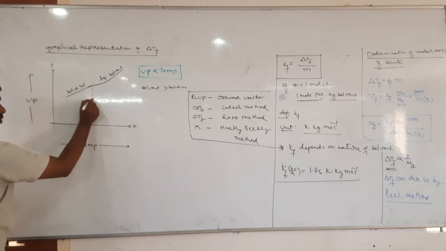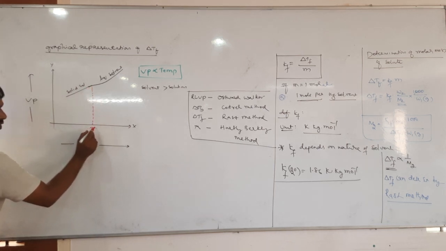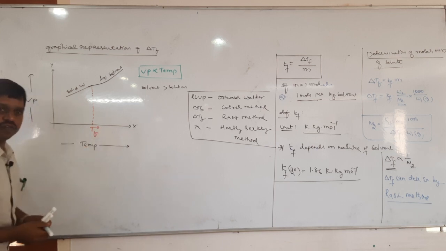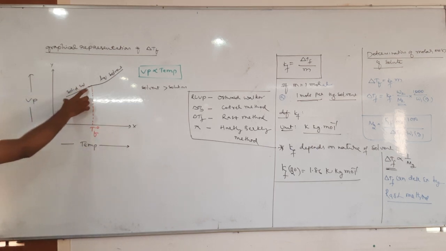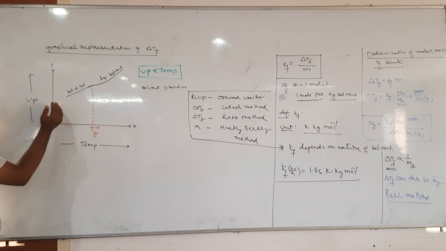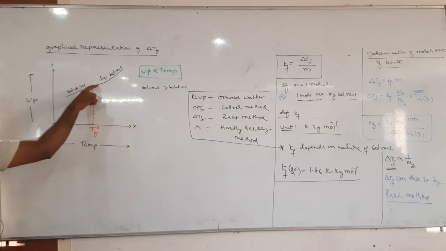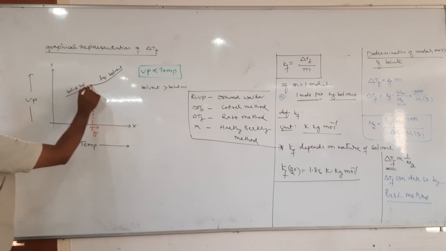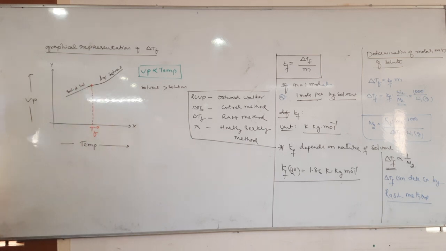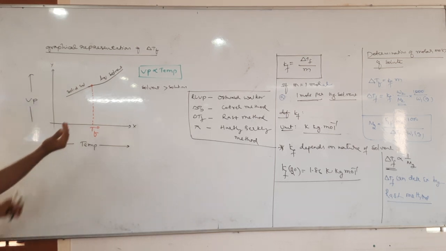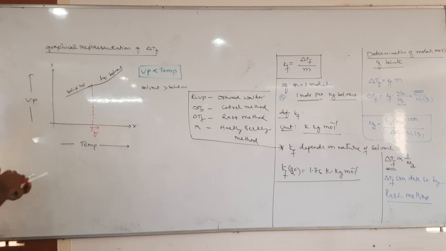Can you tell me what this point is? This point is T naught F, no? Why T naught F? It is a solid, and as the temperature increases, the solid can change to liquid. At this point, the solid converts into liquid. When the solid converts into liquid, it is called the melting point or freezing point, because liquid also converts into solid.